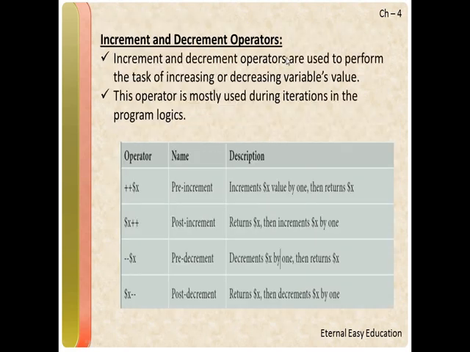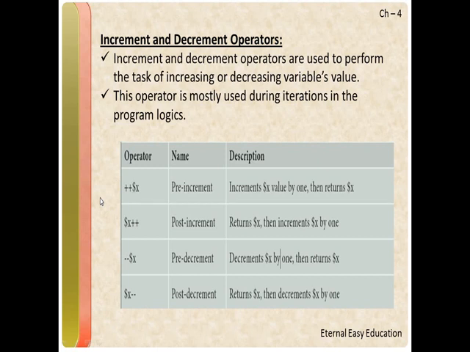Then increment and decrement operators. Increment and decrement operators are used to perform the task of increasing or decreasing variables value. It will increment one, decrement one value. That means if it is 10, if it is incremented, it will go to 11. If it is 10, if it is decremented, then it will go to 9. Only one value is incremented or decremented.